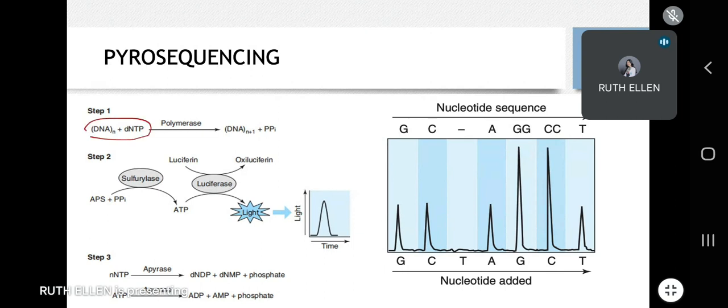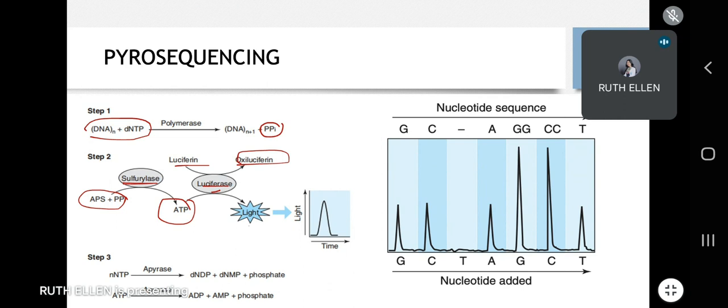So, kapag nagkaroon ng phosphodiester bond sa dalawa, using a DNA polymerase enzyme, no, makakapag-produce tayo ng pyrophosphate. Okay? Pyrophosphate, kapag naman in-add natin yung substrate natin, yung adenosine phosphosulfate, no, using the enzyme sulfurylase, makakapag-produce tayo ng ATP. And ATP, using the enzyme luciferase, will convert luciferin to oxyluciferin and will produce light.